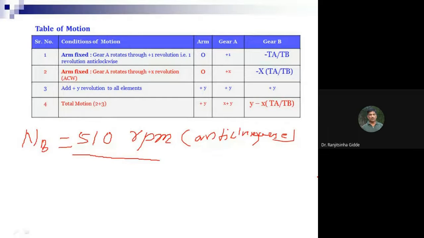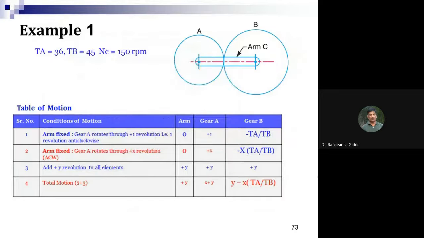Okay, so once again I will repeat. If such a figure is given, or sometimes they are not giving the figure, they are giving the statement, based on that we are going to draw the figure. Then the table of motion, do not write anything else.